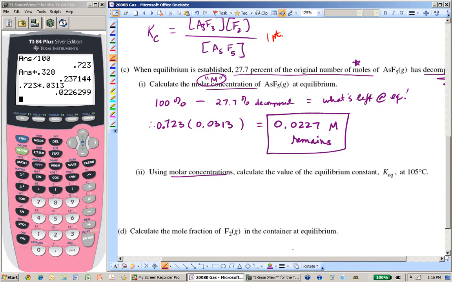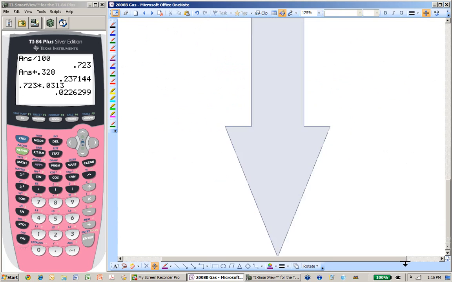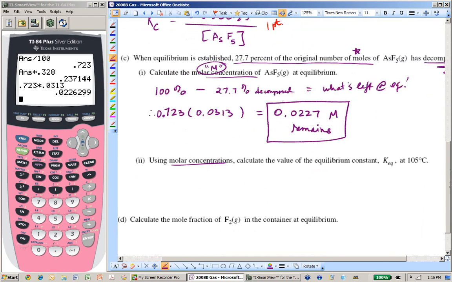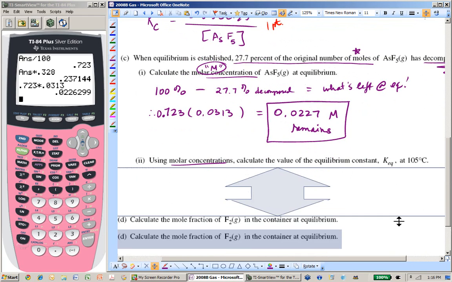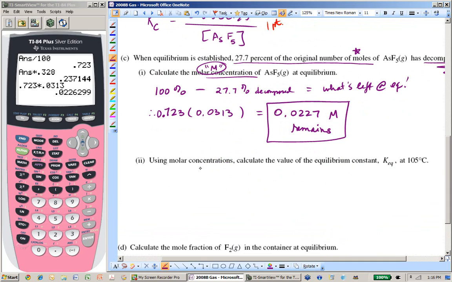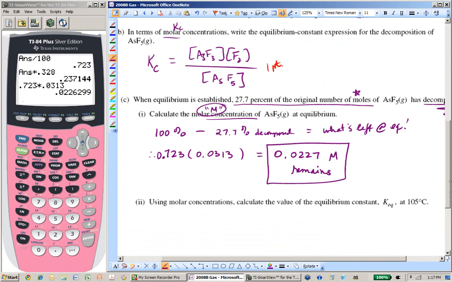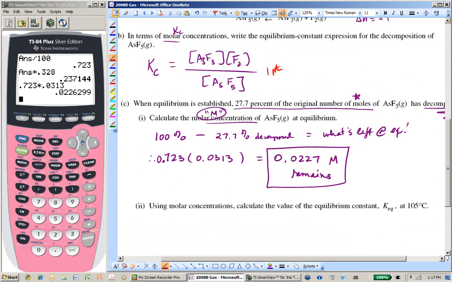So now comes a moment of truth. You've worked enough of these that you probably already know how to set this up, right? Oop, that was a bit extreme. Sorry. Don't mean to make you dizzy. Calculate the value of the equilibrium constant. Okay, we just came up with AsF5, right? So we just got that. So what did we start with? We started with this 0.0313.